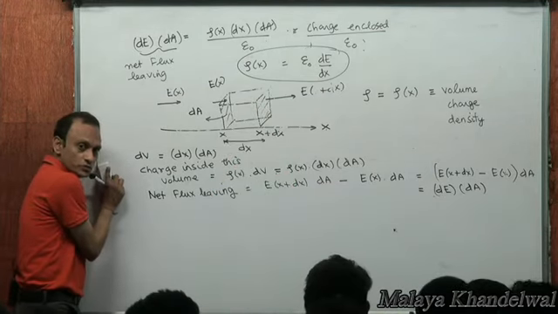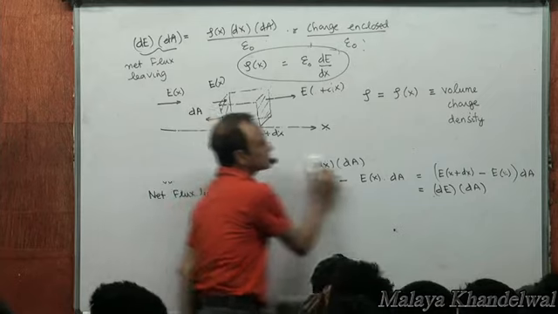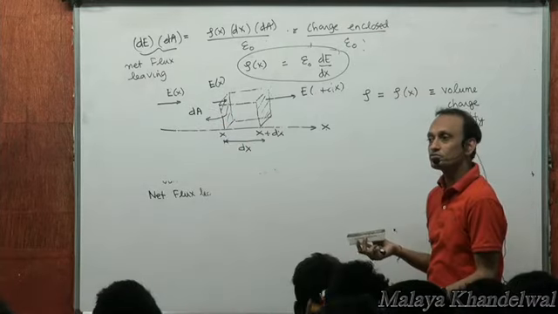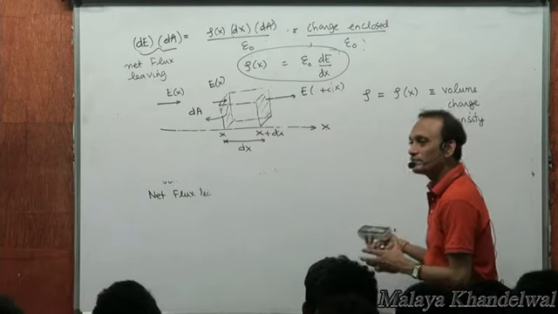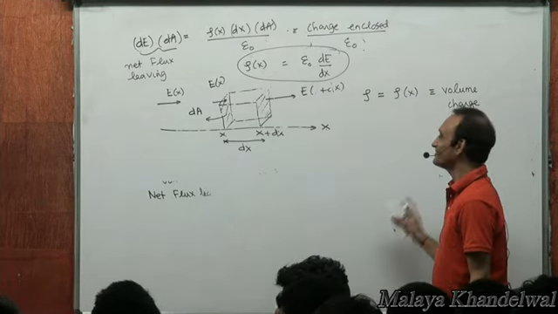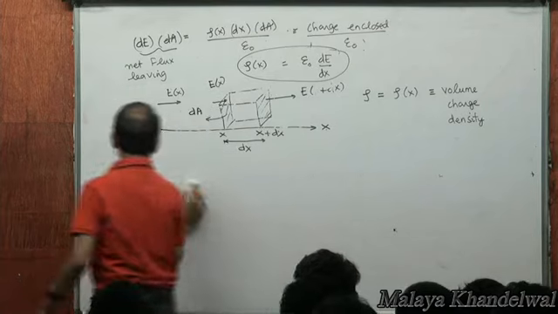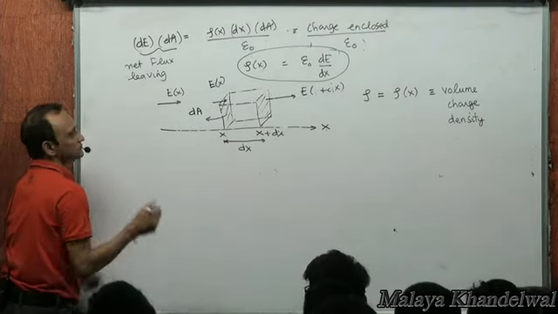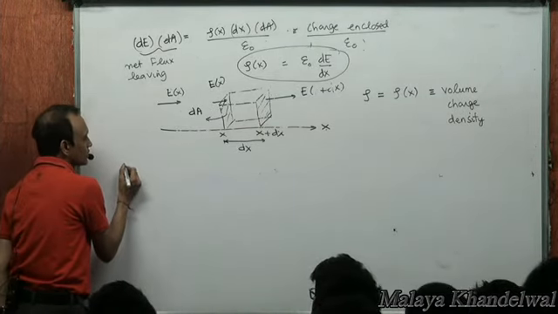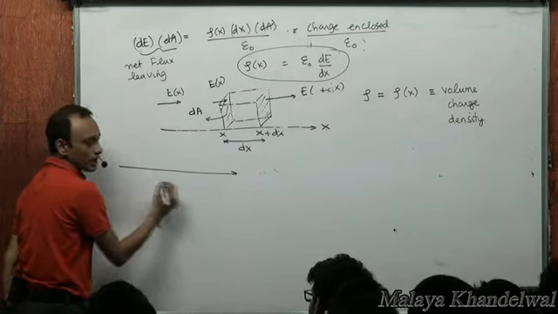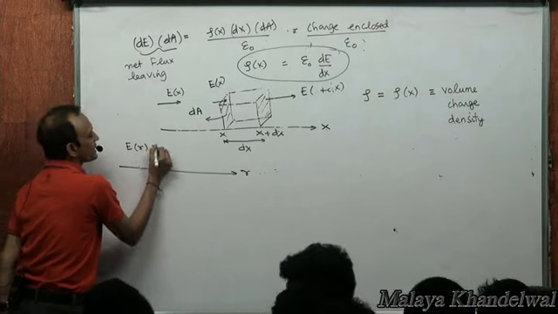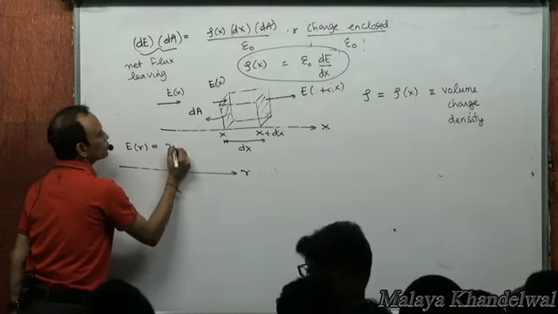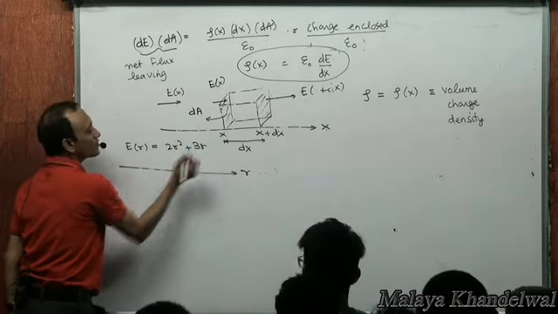Suppose I asked you: this is the r direction, and the electric field in this direction varies as 2r squared plus 3r.